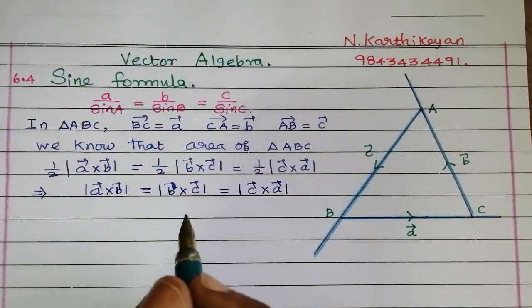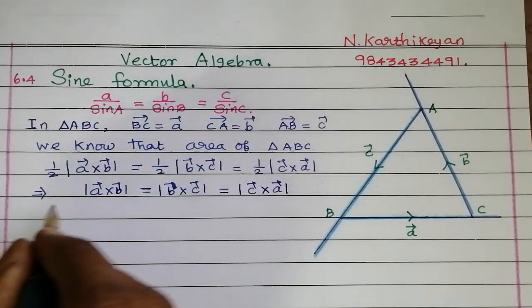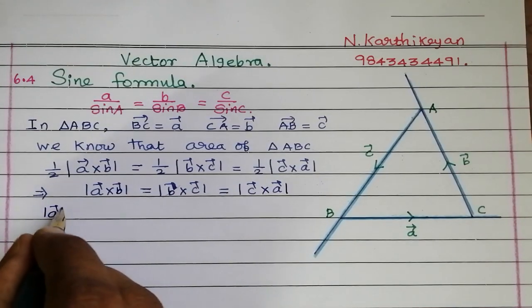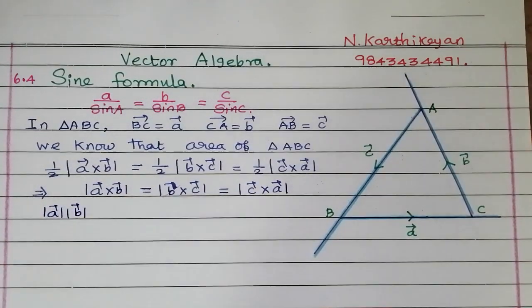So we know that modulus of a vector cross b vector is modulus of a into modulus of b into sin of the angle between a vector and b vector.